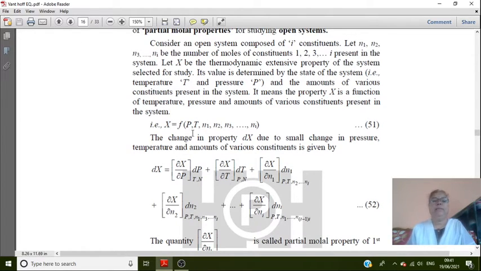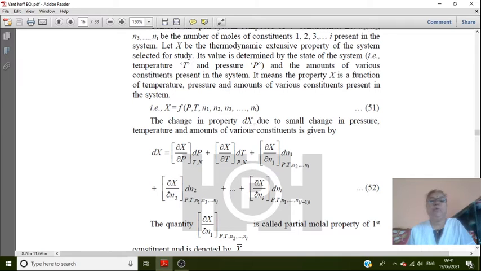Mathematically, it is written as X equals f of P, T, n1, n2, n3, up to ni.